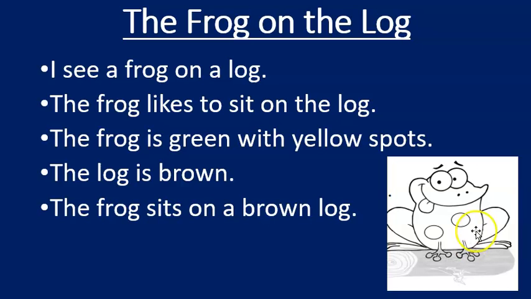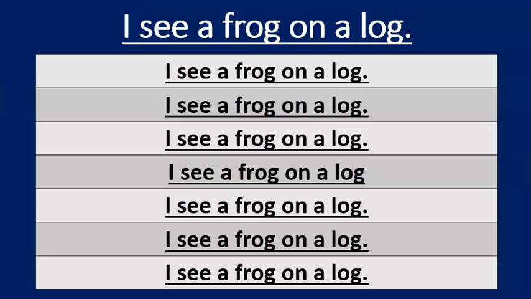Now, let's come here. Let's read this first sentence together. Ready? Let's break it apart first. Repeat after me. Here is that sentence right here. You're going to follow the cursor. Read it with me. Here we go. I see a frog on a log.